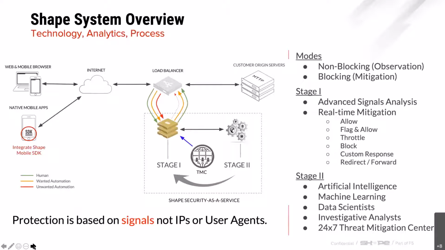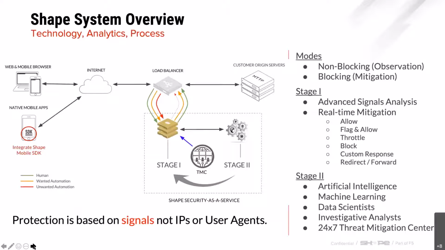Now that's stage 1. We also have stage 2. So Shape Enterprise Defense, our flagship product, includes 24/7 support from machine learning models that run on the traffic, humans, data scientists, and threat intelligence analysts, which monitor traffic. And there's a feedback loop.